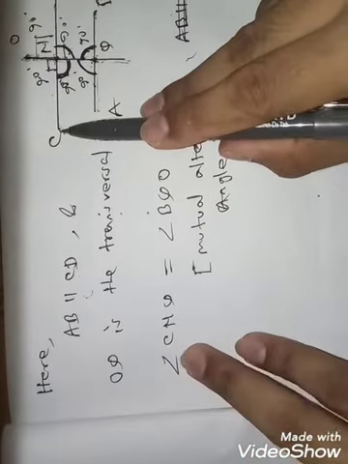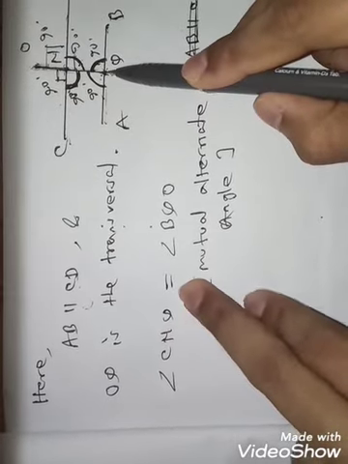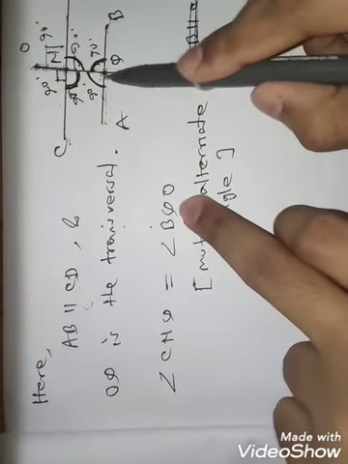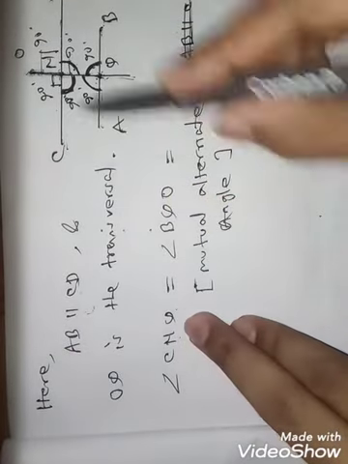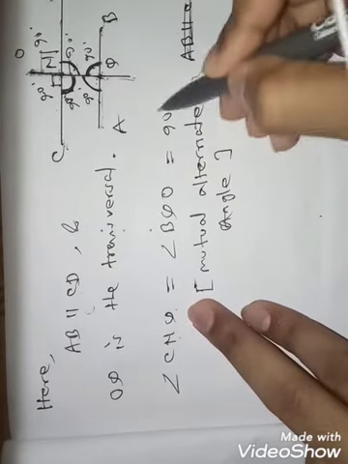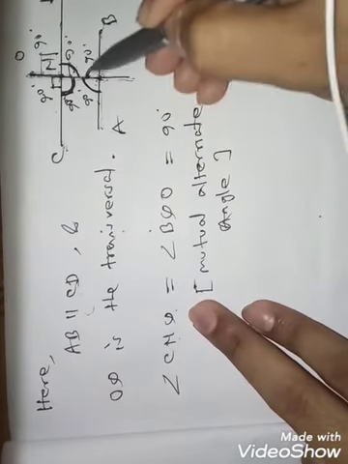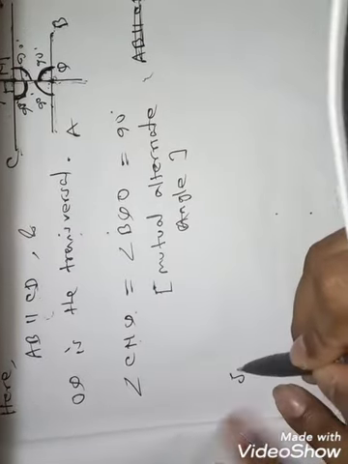Now since angle CNQ is equal to BQO, and the value of angle CNQ is 90 degrees, this one also is 90 degrees, this one also 90 degrees.